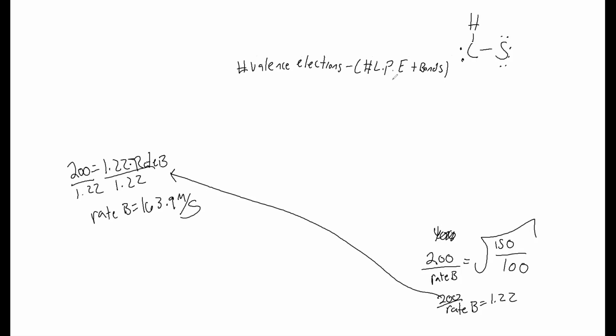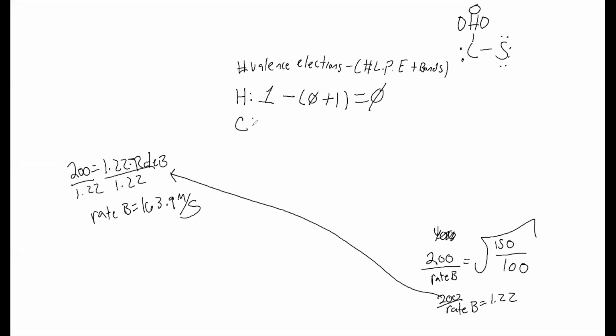You have to do this for each atom. Hydrogen has 1 valence electron. Remember, we get that from the periodic table and from what we talked about in test 3. Hydrogen has 1 valence electron minus the number of lone pair electrons. There are no dots around hydrogen, so it has 0 lone pair electrons, plus 1 bond. So hydrogen is 1 minus 1. The formal charge of hydrogen is 0.